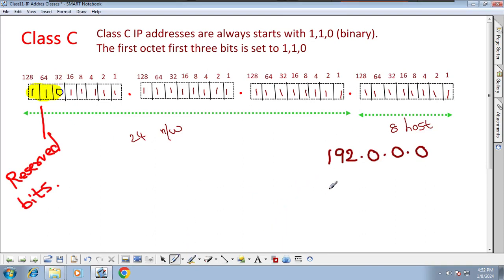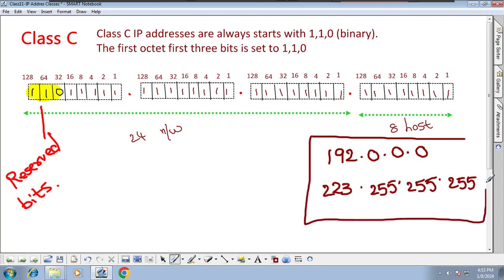Now if you apply these, you will get 223. How? Because 128 plus 64, then 32, 16, 8, 4, 2, 1. You have to calculate these values. So 223 dot 255 dot 255 dot 255.